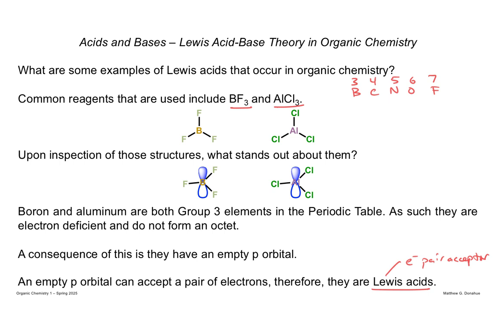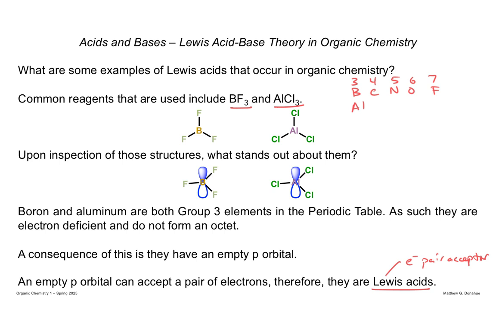What you'll notice about boron and aluminum, so aluminum is under boron, is they're only showing 3 bonds, right? So 3 times 2 is 6, and in general for this class we're talking about the octet rule. That means the boron and aluminum are electron deficient.